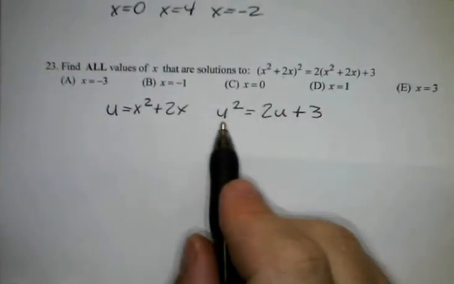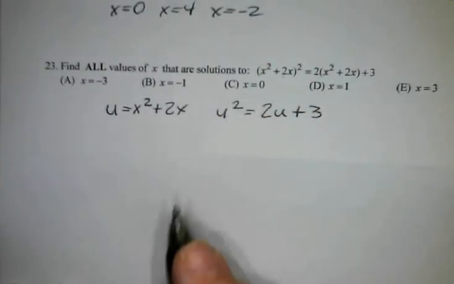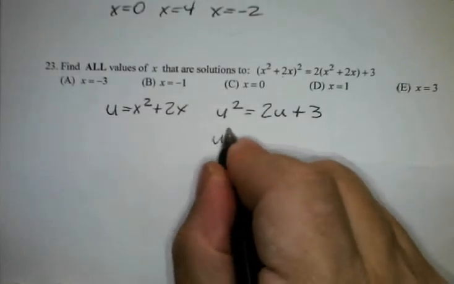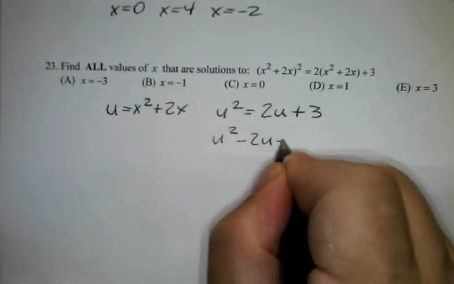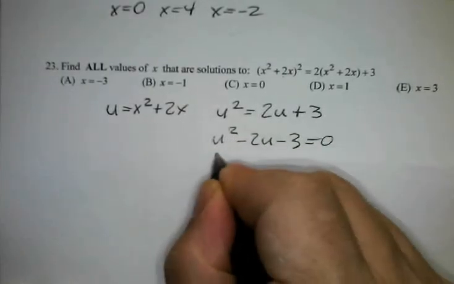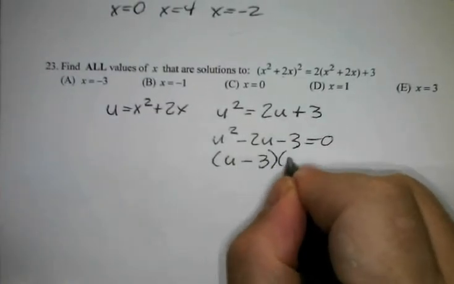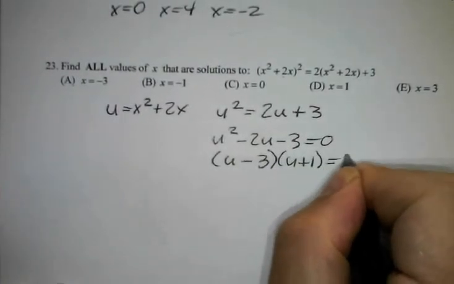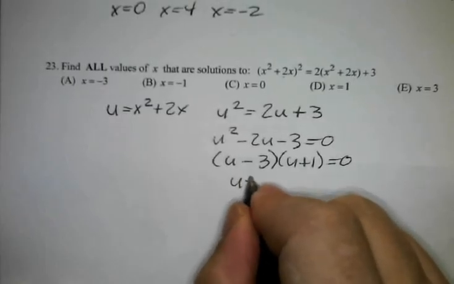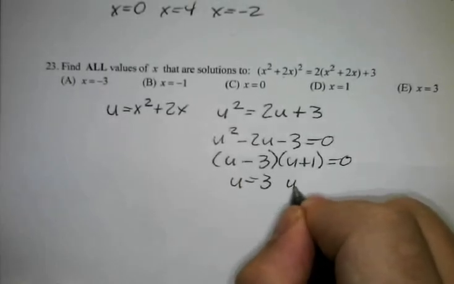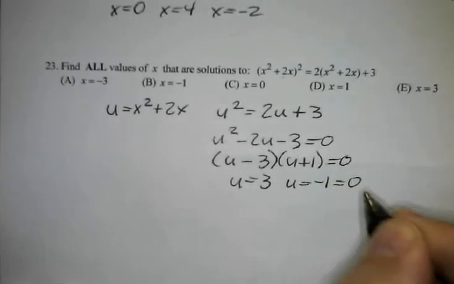Got to move everything to one side, keeping the highest power positive. u squared minus 2u minus 3 equals 0. Factors to u minus 3 and u plus 1. So I got u equals 3 and u equals negative 1.